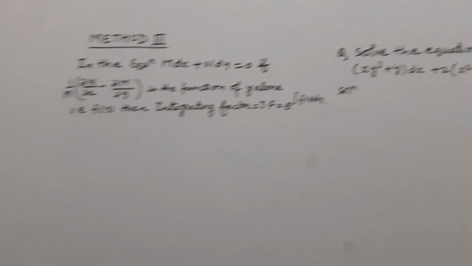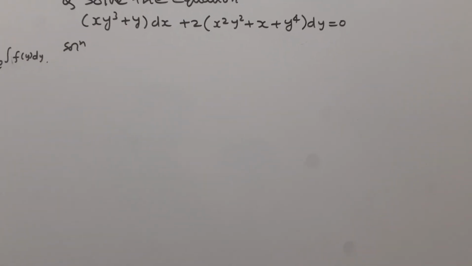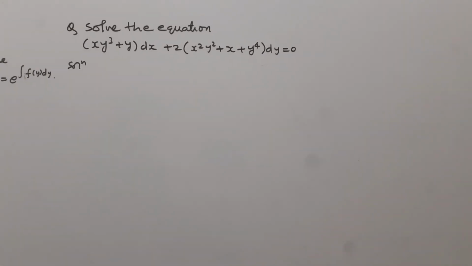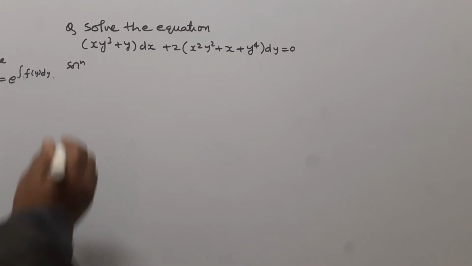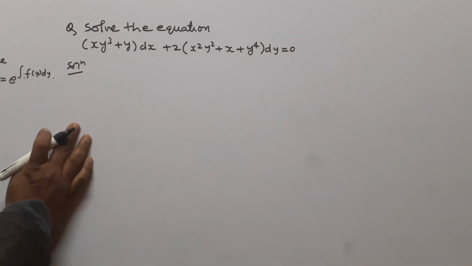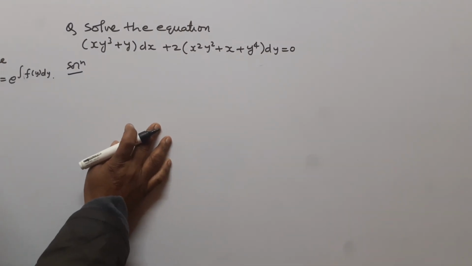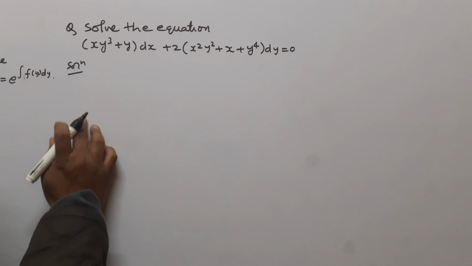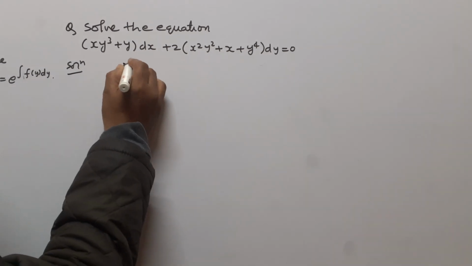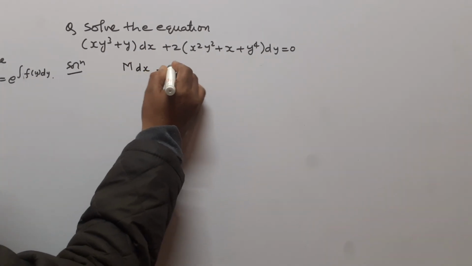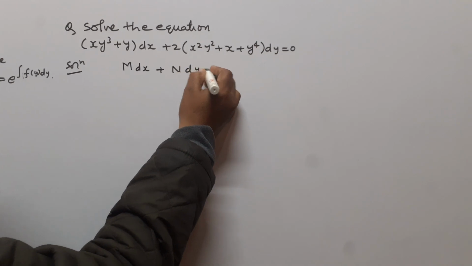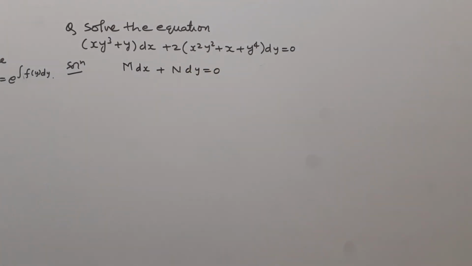Third, here the question is: solve the equation (xy³ plus y) dx plus (2x²y² plus x plus y⁴) dy. First we compare this given differential equation with M dx plus N dy equals 0.